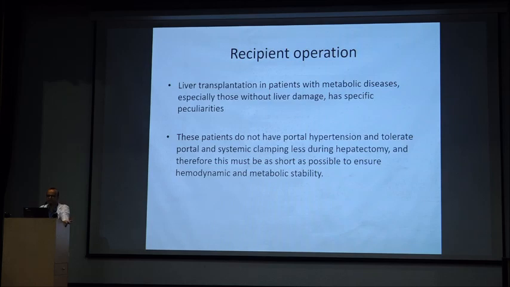So these patients do not tolerate portal or systemic clamping as a patient of CLD will do. And that's why we have to keep the clamping time as low as possible to prevent intestinal congestion and hemodynamic instability.